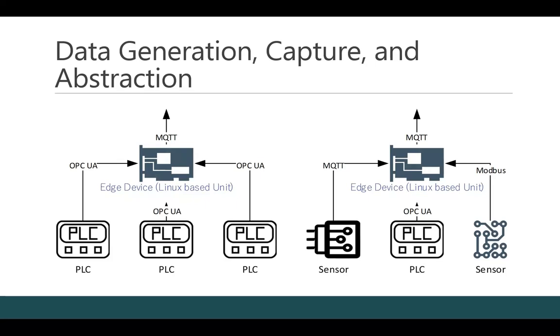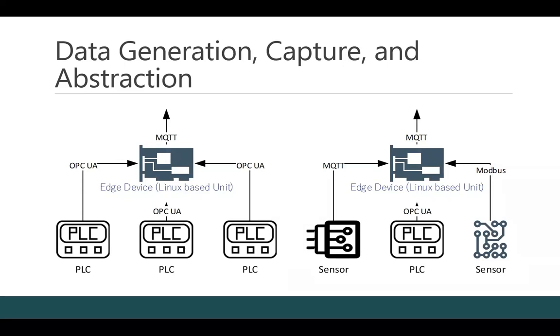So this abstraction layer entails capturing all the incoming signals from the various protocols and converting them into a standard JSON message that is then published via MQTT to an upstream MQTT broker. This ensures that any special cases dealing with the data are dealt with right at the edge.